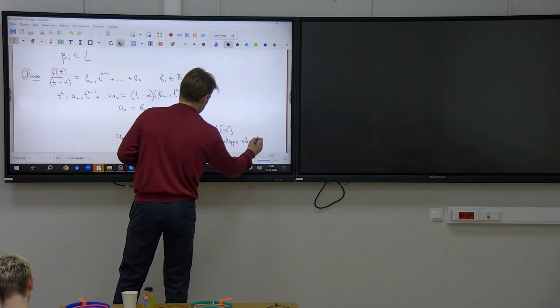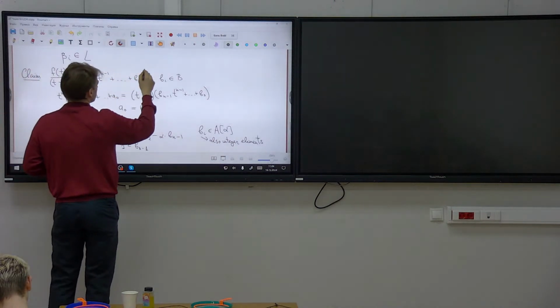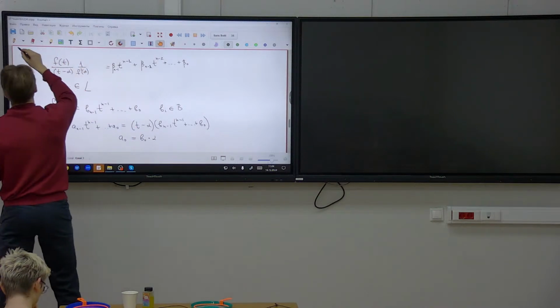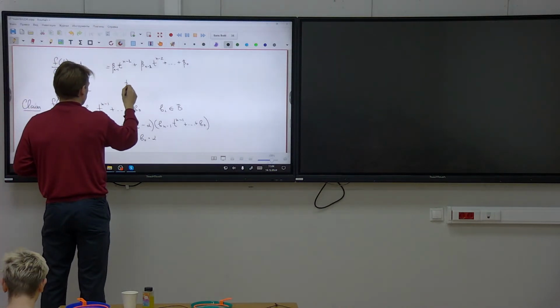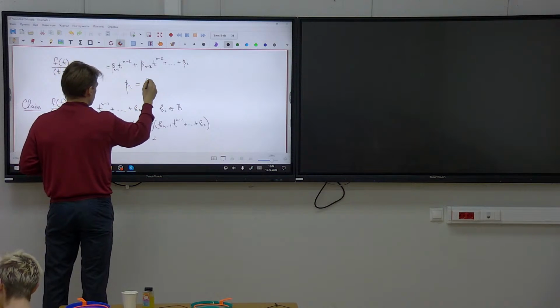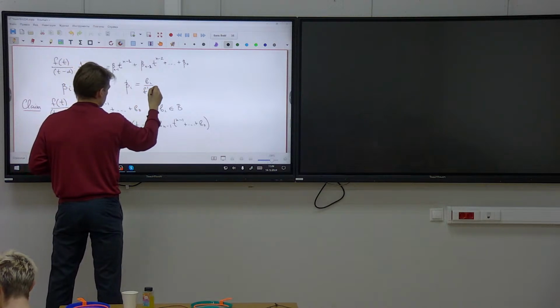So what is standing here? You have some integer elements divided by the same value. So beta i's now are just obtained by dividing b i's by the same value f prime of alpha.